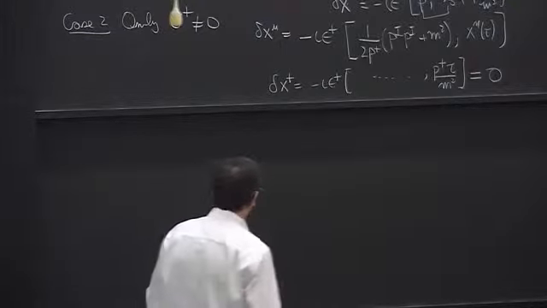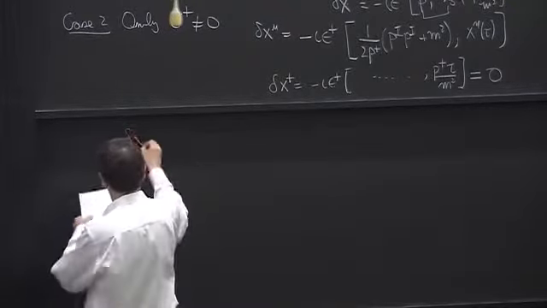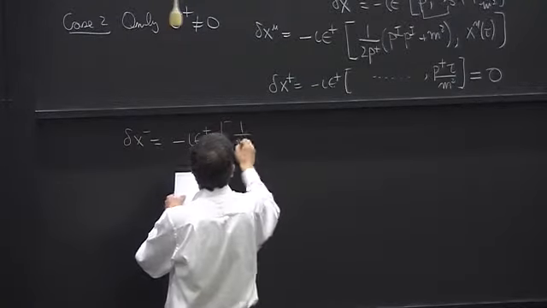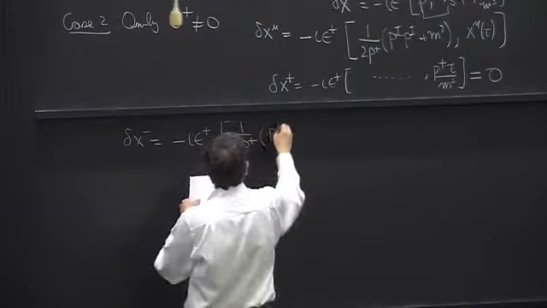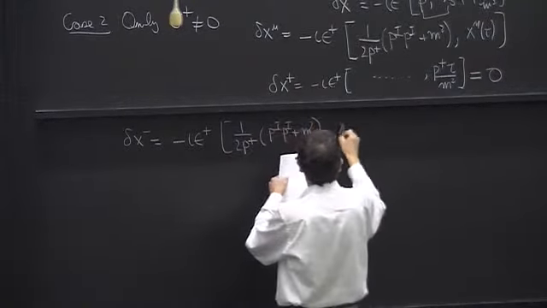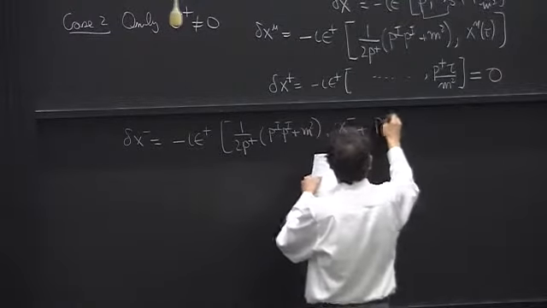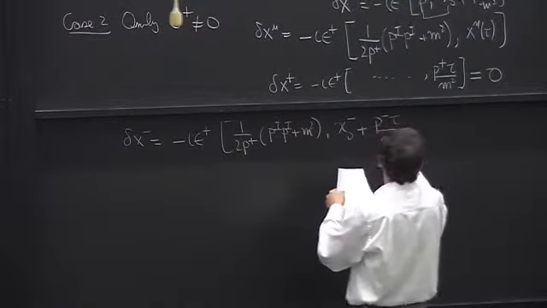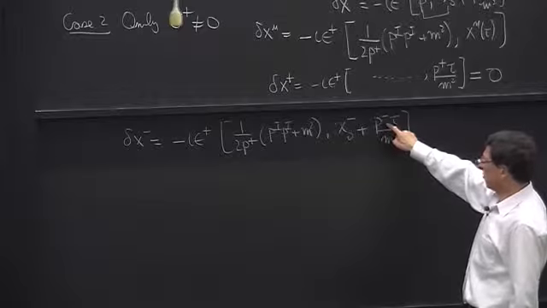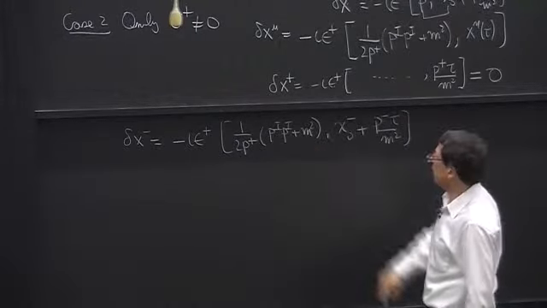Okay, let's do delta x minus. It's minus i epsilon plus 1 over 2p plus, p i p i plus m squared, x0 minus plus p minus tau over m squared. So we've put x minus there, and this one should be 0. We shouldn't translate it. Let's see. P minus certainly commutes with this thing. It's also p minus.